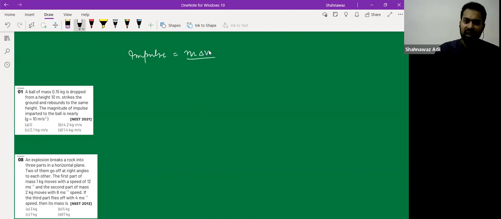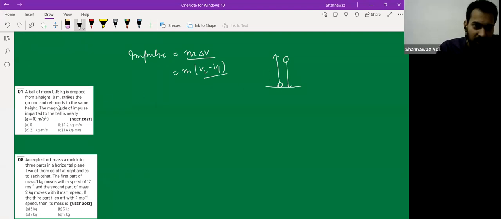So we have to calculate, and delta V is V2 minus V1, right? The ball is dropped, and then from here it bounces back and goes up here, right? So here the momentum is changing.